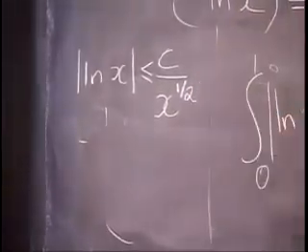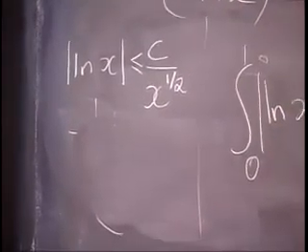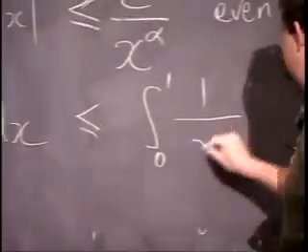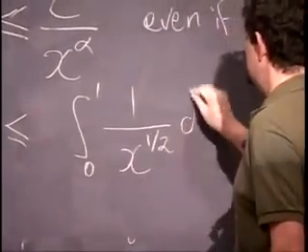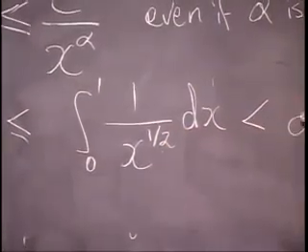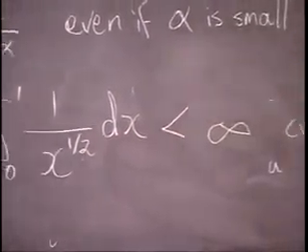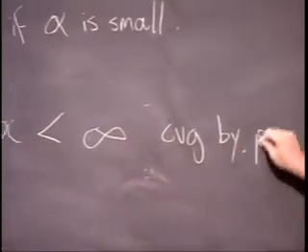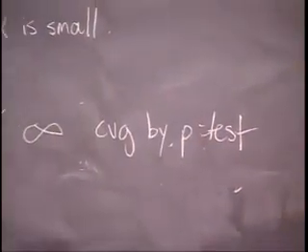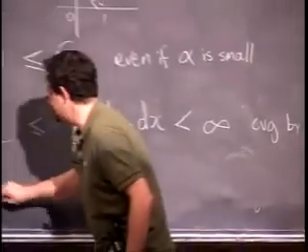I get to pick any power there, and I want to pick a small power. I'm going to pick 1/2 because it works. It's small enough so that the p-test says this converges. So this integral converges by comparison.